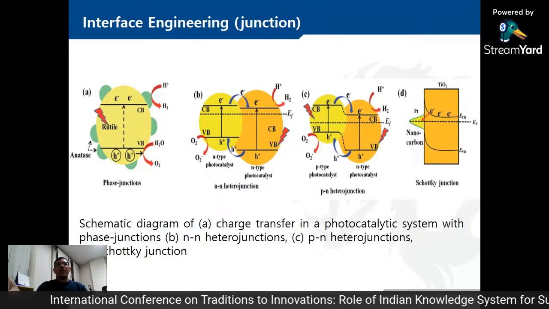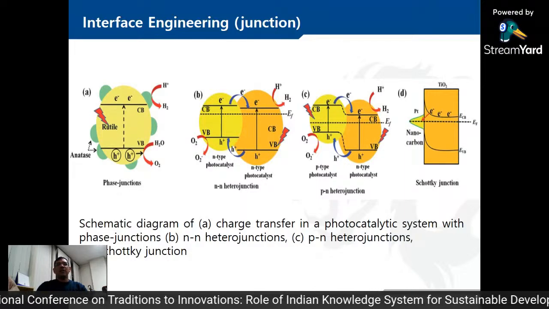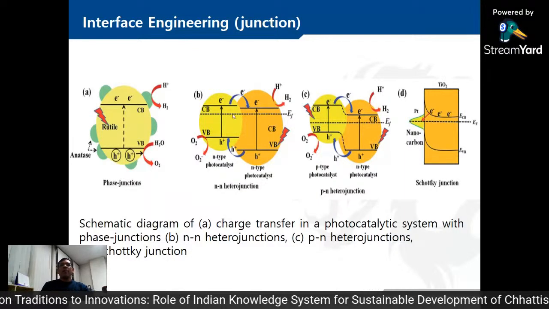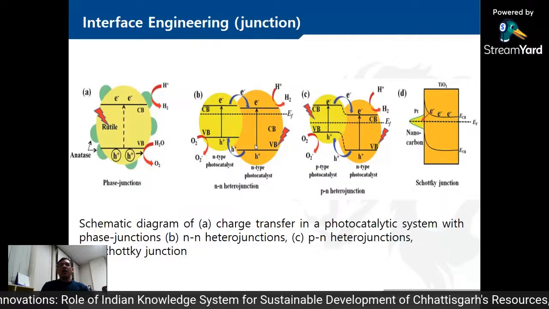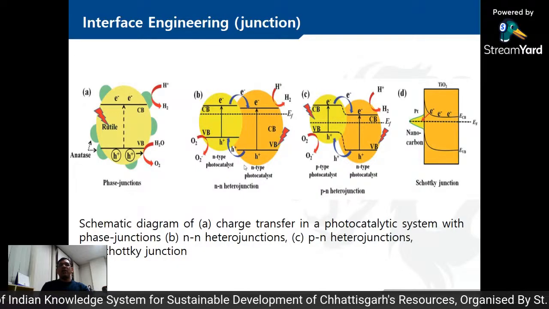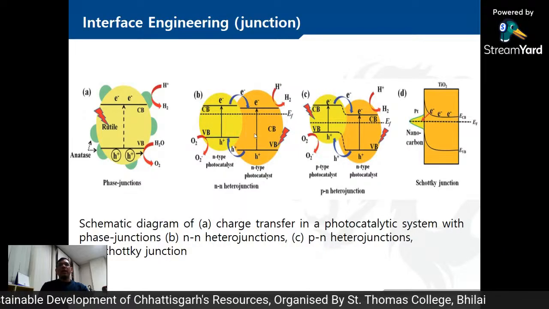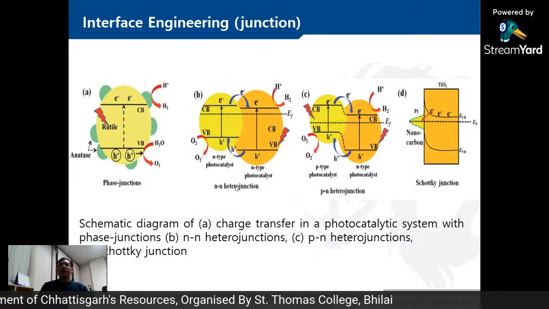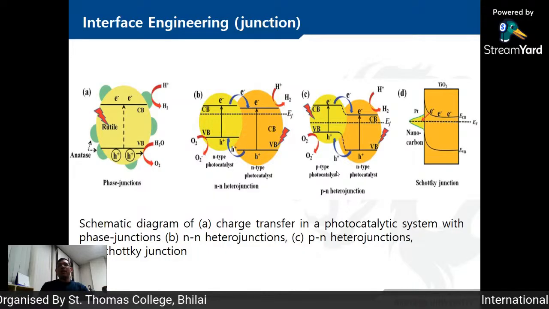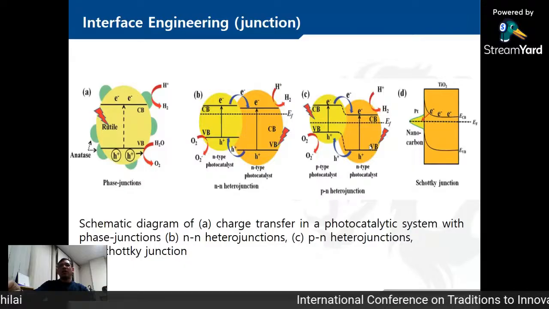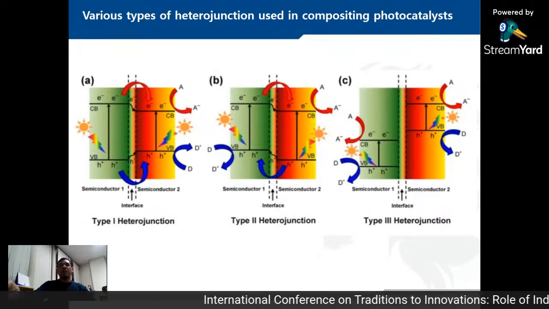This is a rutile with anatase heterojunction, the first one. And this is the NN heterojunction, in the sense that both catalysts or semiconductors are N-type conductors. And this is the PN heterojunction. The PN heterojunction is the more suitable for photocatalytic hydrogen evolution as well as other applications.